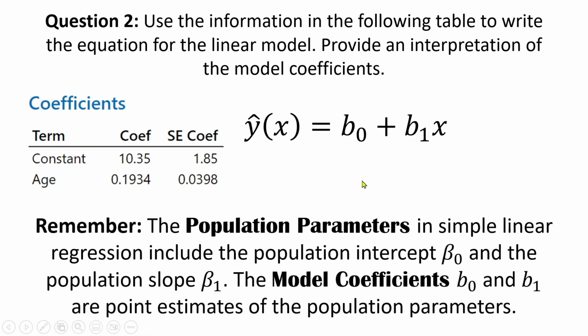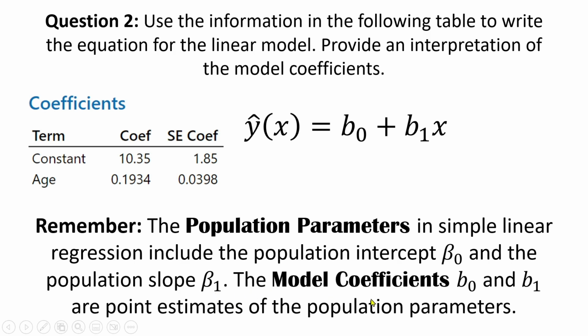Now I want to just draw a clear, bright line between, on the one side, what we call population parameters. The population parameters in simple linear regression include a population intercept, that's beta 0, and the population slope, beta 1.